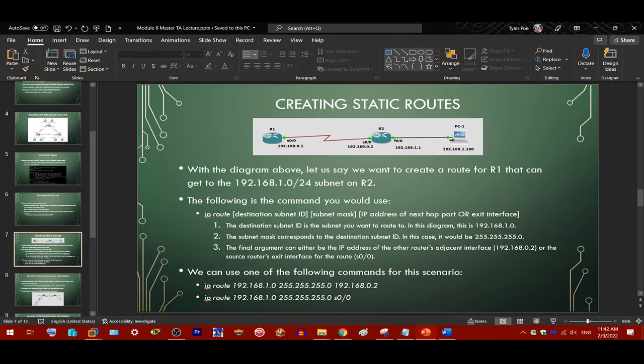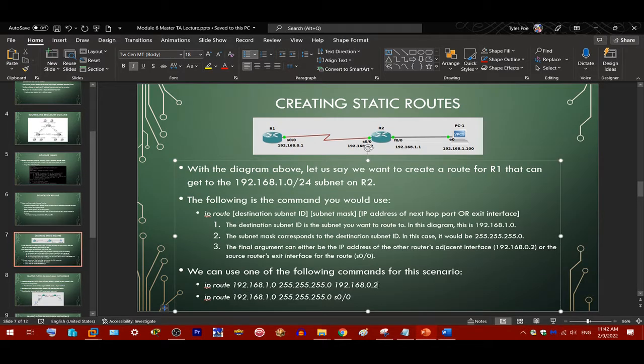So with this information in mind, we would then use one of the following commands for this scenario. You only need to use one, but we can either use the first command, which uses the IP address of the adjacent port on the other router, or the port name of the interface that leads to the router that can directly get to the subnet.